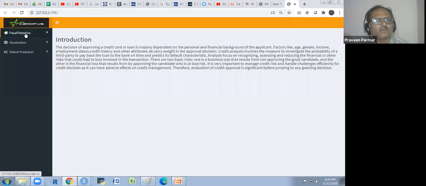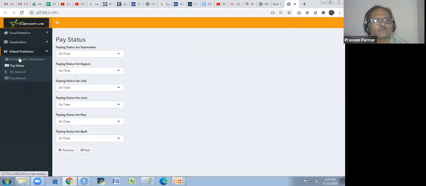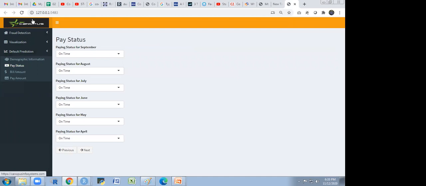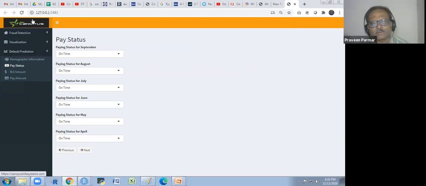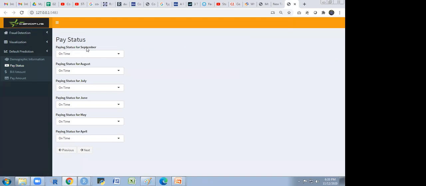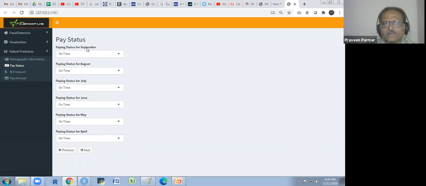I will show you the fraud detection. All this UI is in R. So it is the fraud detection of the credit card. It is not a fraud detection, but basically it is a defaulter.